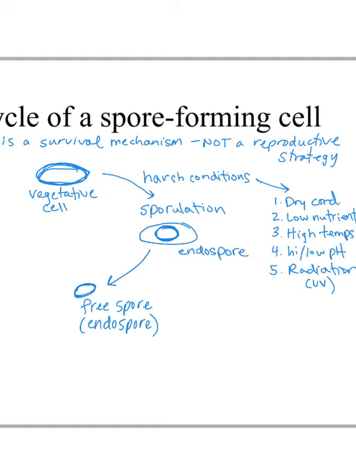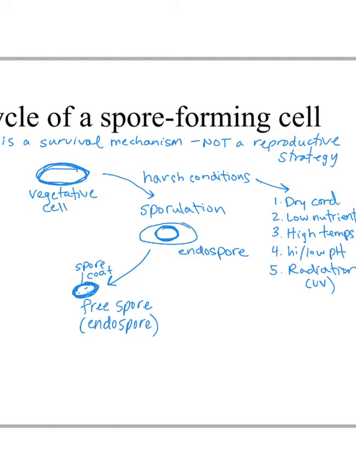Oftentimes we just call a bacterial spore, whether it's free or still within a vegetative cell, an endospore. And an endospore can stay as an endospore basically indefinitely. The spore coat here is really tough, with lots and lots of layers of protection around the DNA, which would be inside here.